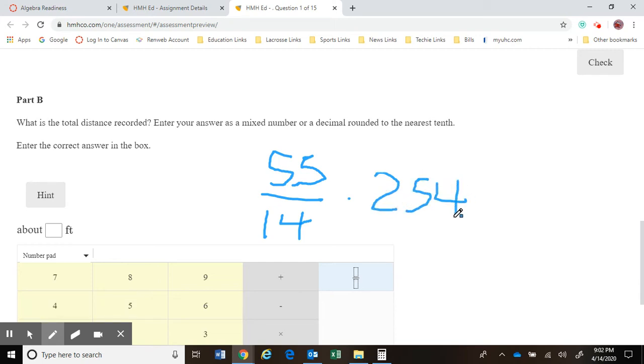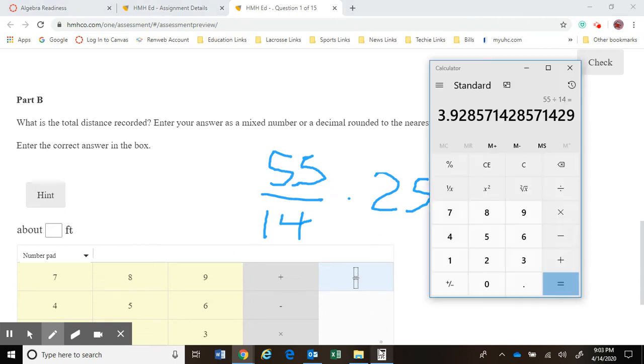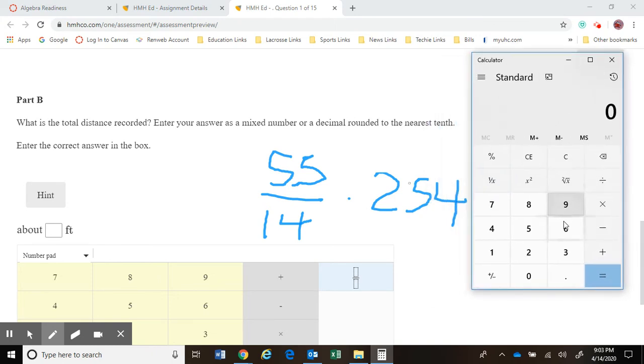So whatever way you want to do this, I'm going to go 55 divided by 14 times 254. All right, and then it says to the nearest tenth.